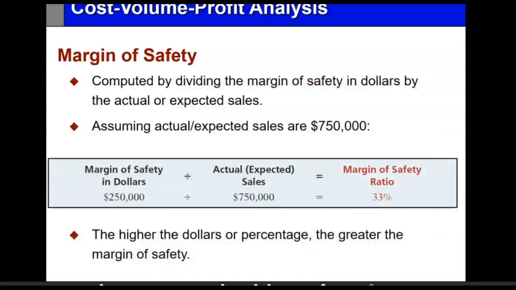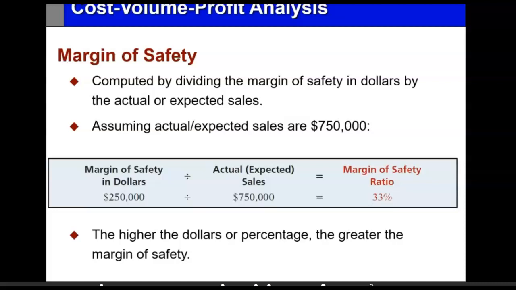Most often it's expressed as a ratio though. And we do that by computing the margin of safety, 250, as a percentage of sales. So 250 divided by sales means that my sales have to drop by a third before I'm in a dangerous position. So the higher the dollars or percentage, the greater the safety.